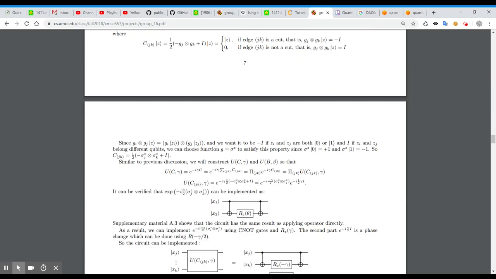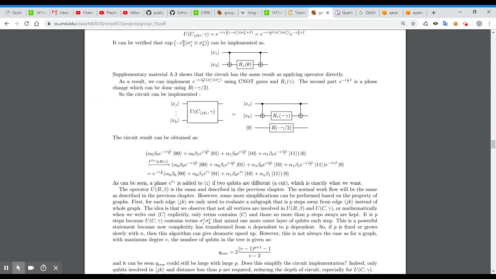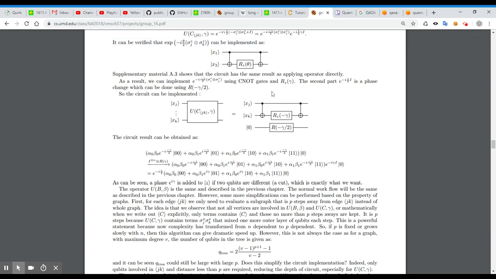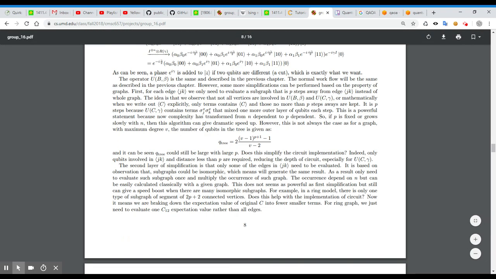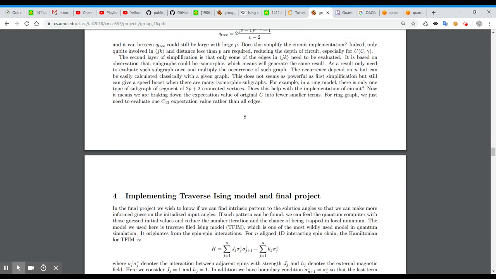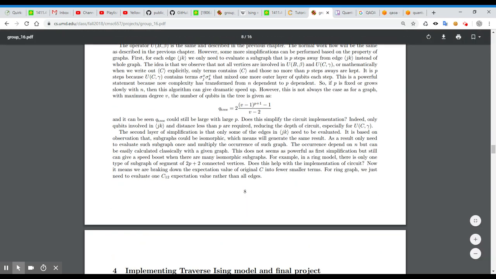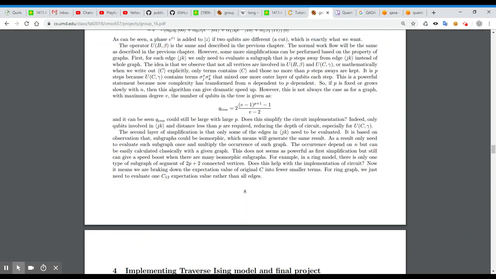Yeah, I went through this, I remember. So the second layer is that only some of the edges in jk need to be evaluated.